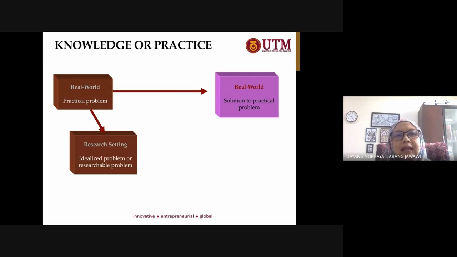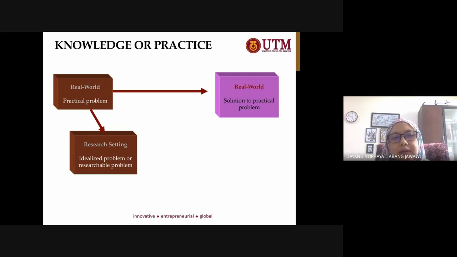Okay, and then in the university, we try to replicate the problem. When we do the review, we look at the literature, we look at what industry problems, what problems they face, and we try to idealize the problem and put it in a research problem, where we in academia can do research with that problem.